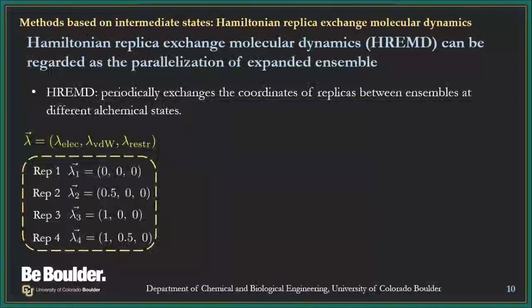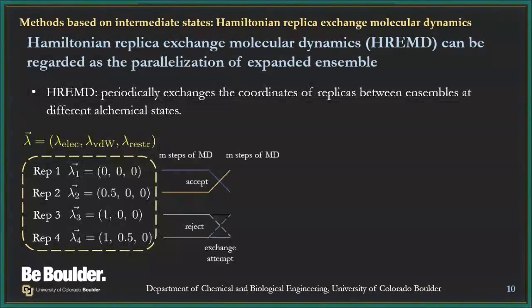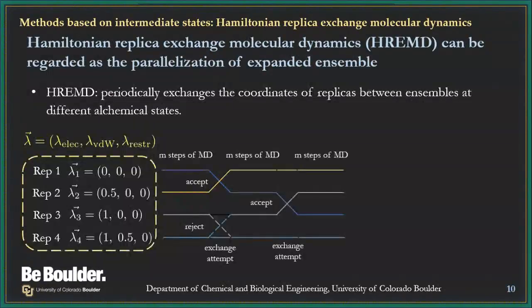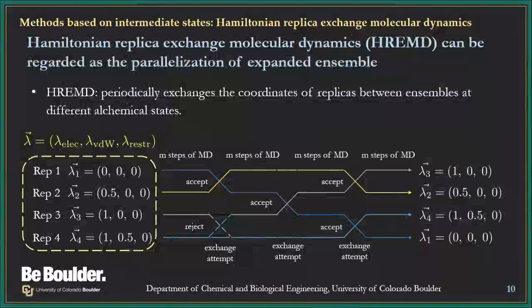And as you can see in the animation, with these 4 replicas, we exchange the neighboring replicas every n steps of the simulation. After several exchange attempts, some of them might be successful, but some of them might not be. And after all these exchange attempts, you can see that we exchanged the lambda.